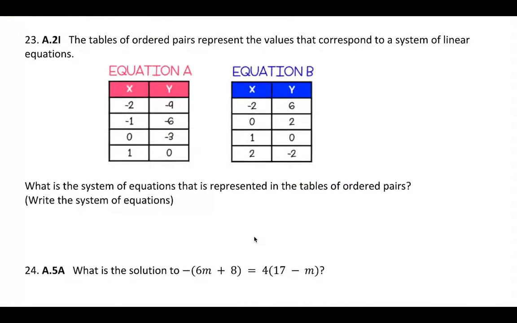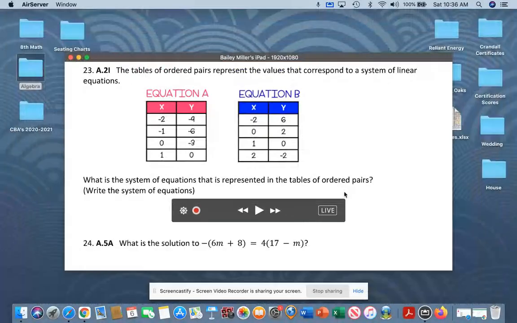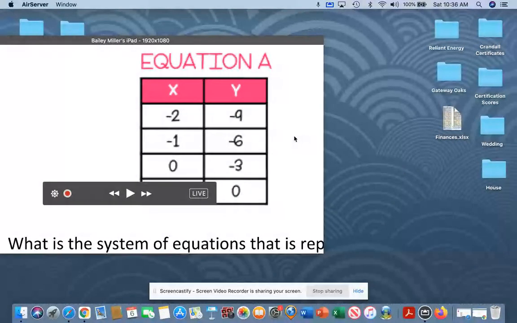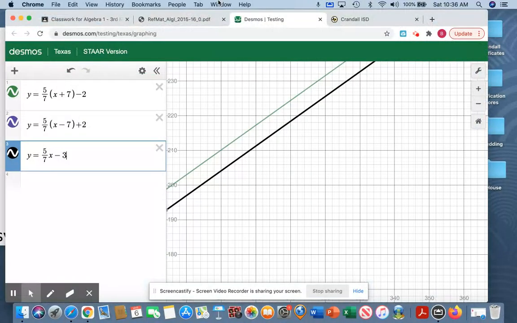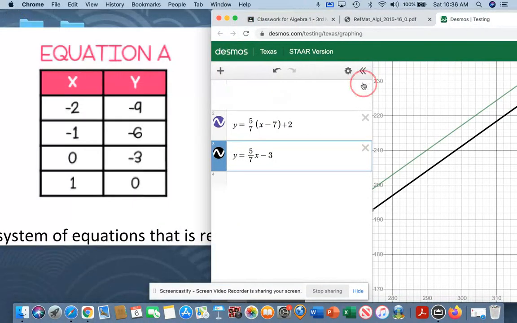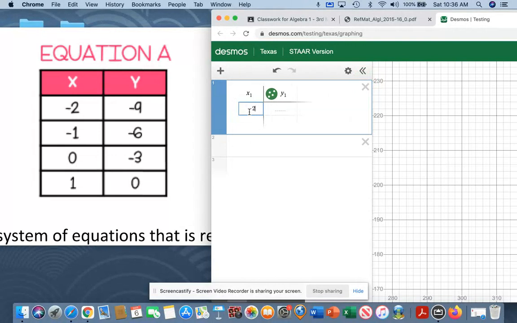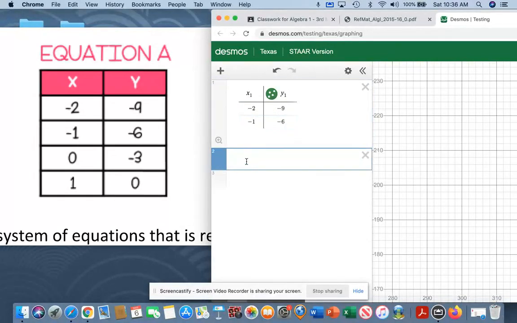The tables show ordered pairs that represent the values that correspond to the system of linear equations. What is the system of equations that is represented by the tables and the ordered pairs? So again, you're just writing equations. I would plug these into Desmos, is what I would do. So the first one, the table: -2 and -9, and -1 and -6 come down here.